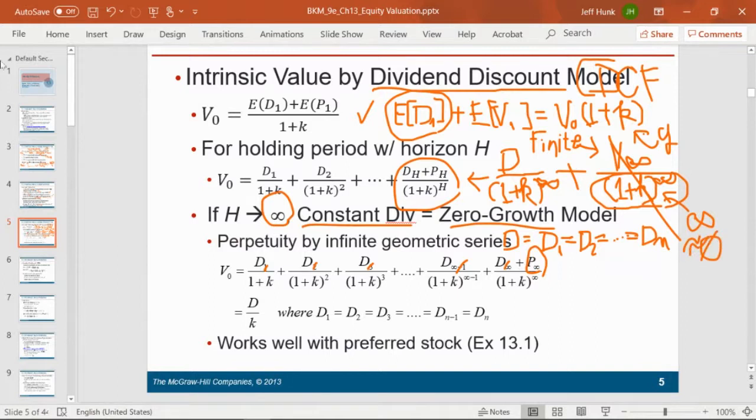You're dividing a finite number by an infinitely large number. This number will become not exactly zero, but close to zero. Okay, makes sense? Close to zero. So in other words, this term will fall out, because it's close to zero.